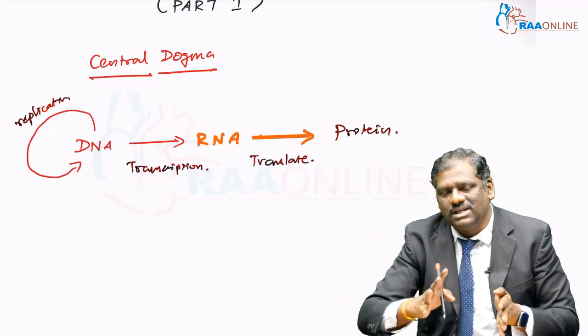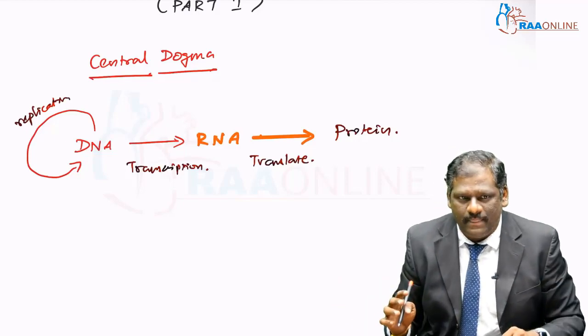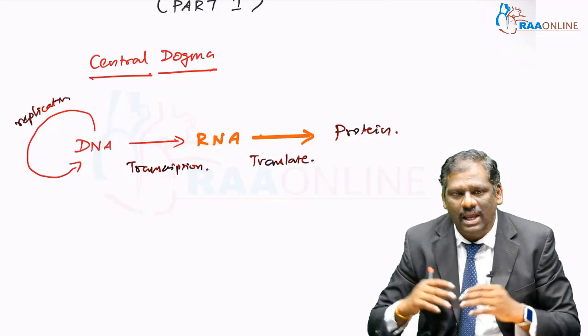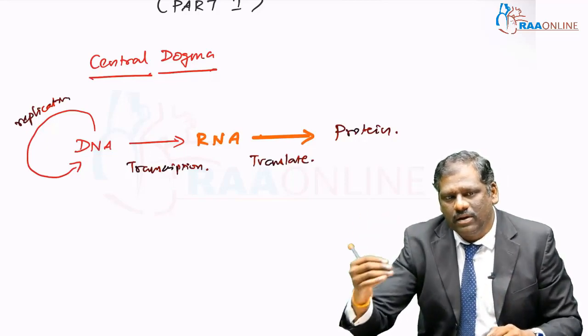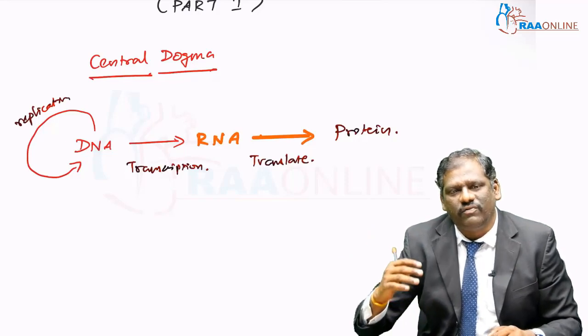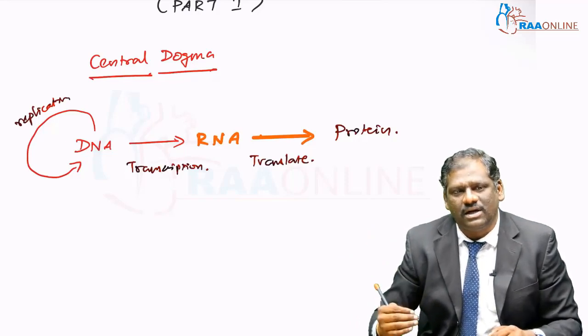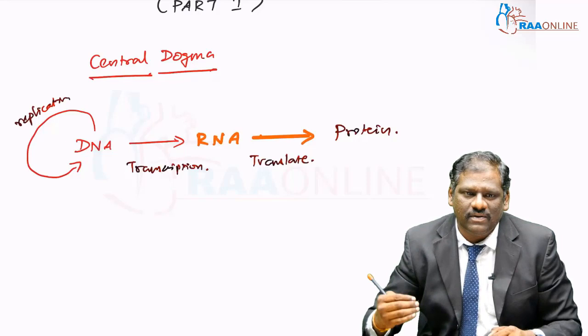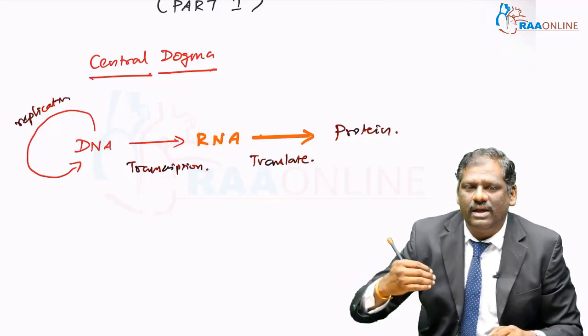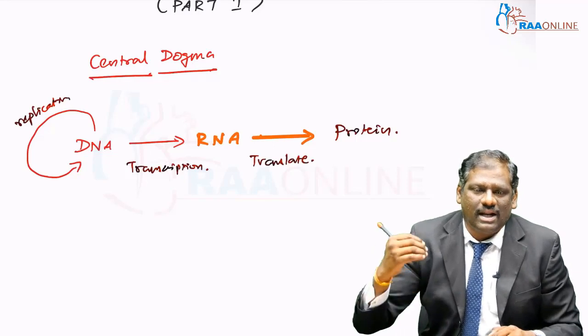This process is called translation. So this is the central dogma of molecular biology, and in the earlier session I explained in detail the various kinds of transcription changes which occur in prokaryotes as well as in eukaryotes. Now in today's session we will be seeing about translation.